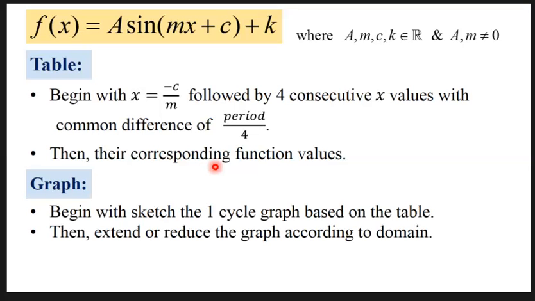Lastly, we sketch the graph, beginning with one cycle based on the table, and then we extend or reduce the graph according to the domain. So this is the introduction to graph sketching for sine functions.